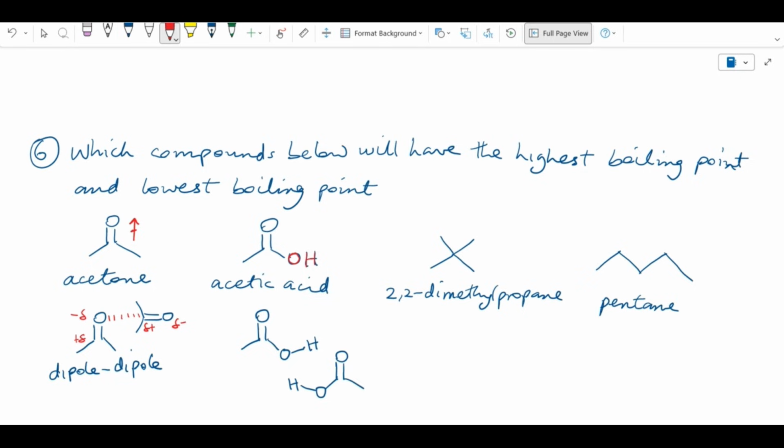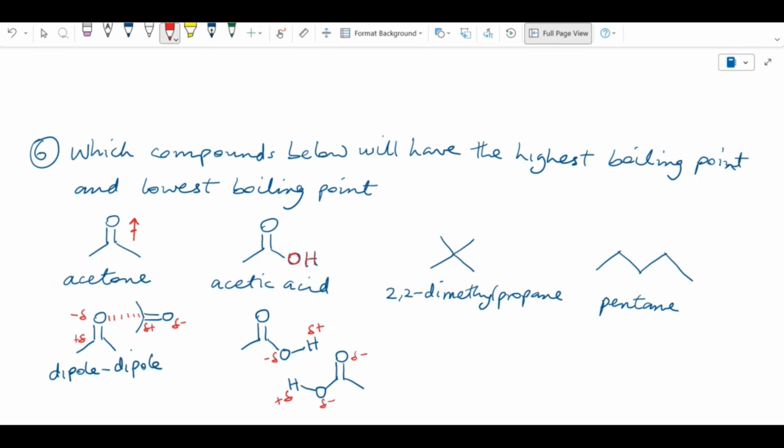Of course, the hydrogen is partially positively charged because the oxygen pulls electrons away from the bond connecting itself and the hydrogen. So the hydrogen is partially positively charged and the oxygen is partially negatively charged.